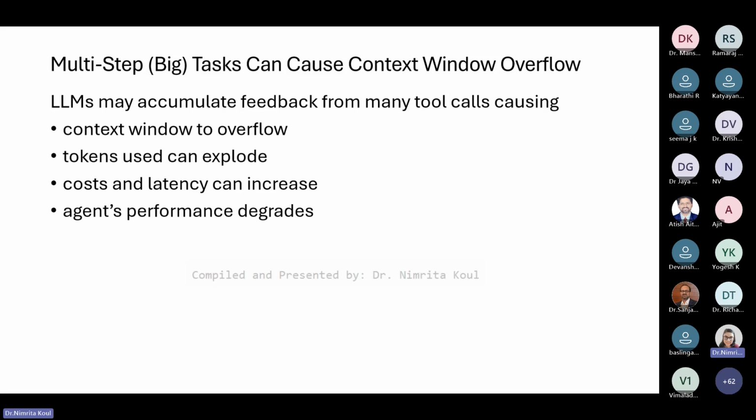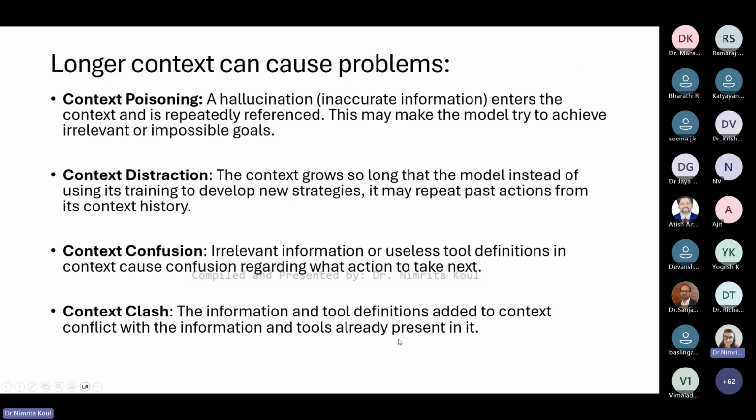The tokens explode, the costs you have to pay for each token that you send to or get from the LLM increase, and the response time increases, yet the performance decreases if you are not able to manage your context window well. So what do we do? We try to apply context engineering. And what other problems result because of long context?